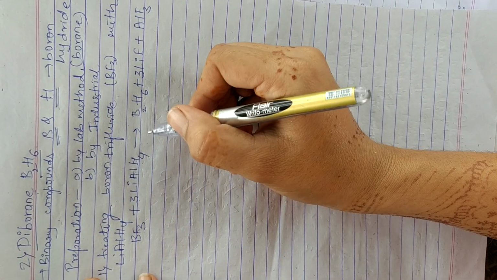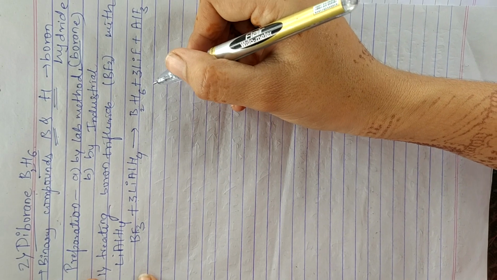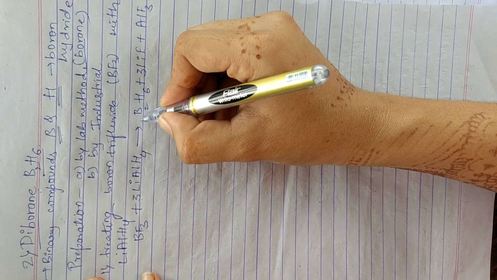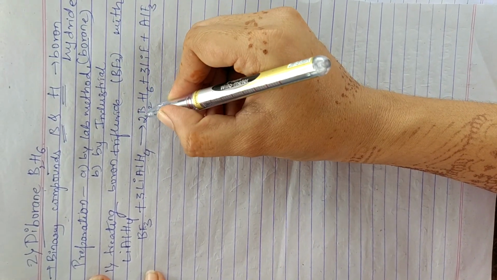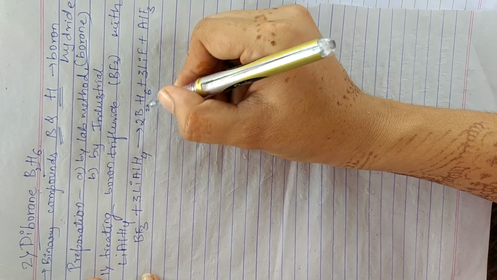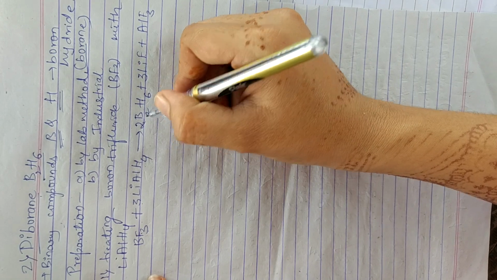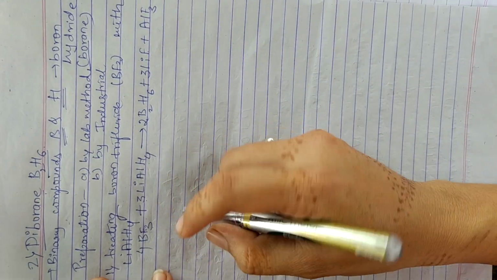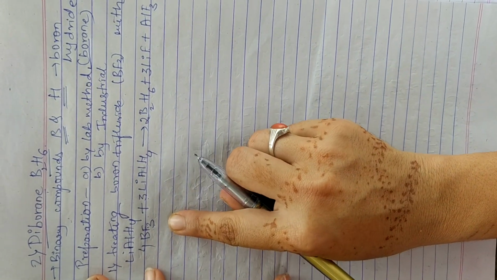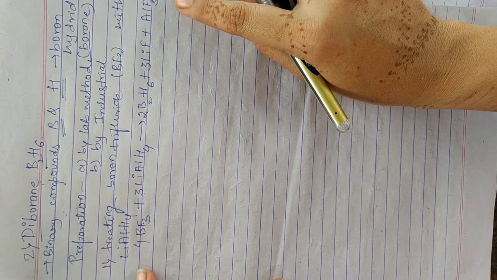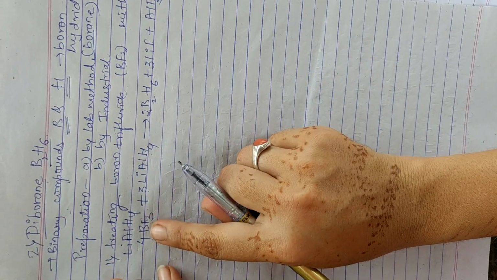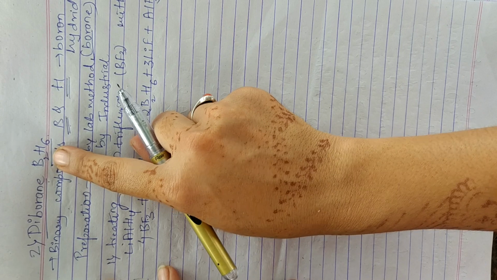Therefore, we substitute 2 for hydrogen, because now this hydrogen becomes 12 molecules. This boron becomes 4 molecules, therefore we substitute 4 for this boron. This is the balanced chemical equation, and this is the first method of preparation of diborane.